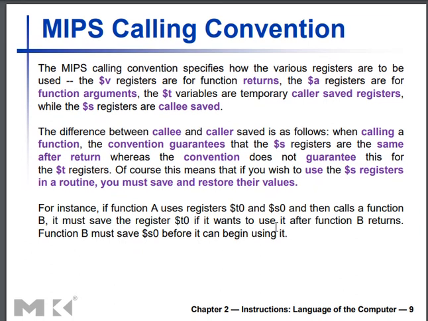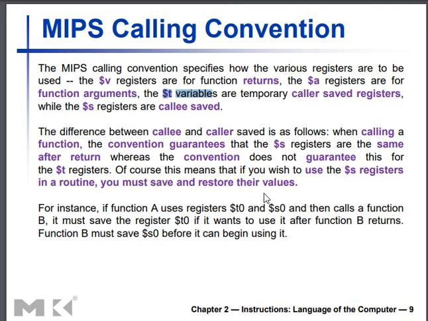So, calling conventions for MIPS. The MIPS calling convention specifies how the various registers are to be used. The V registers are for return values, the A registers are for the arguments, and there are some other things we are going to use, the T registers.